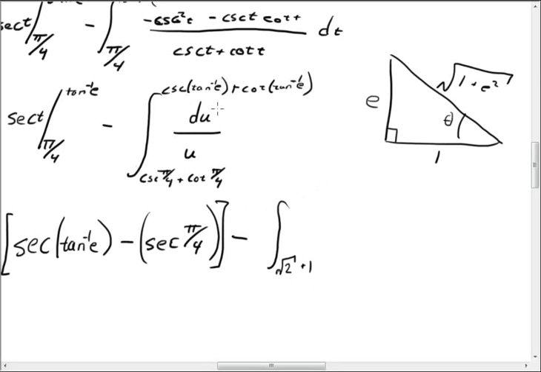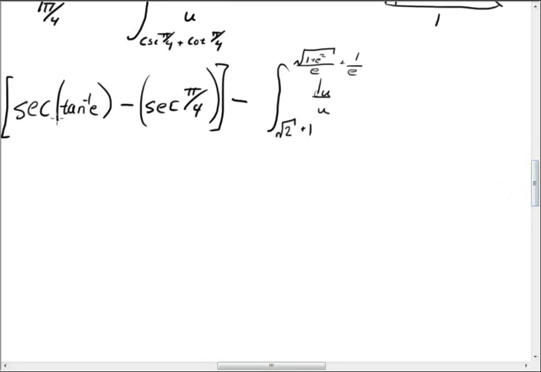Cosecant of tan inverse of e is going to be hypotenuse over the opposite, which would be the square root of 1 plus e squared over e, plus simply 1 over e, because of the cofunction. And this is du over u.